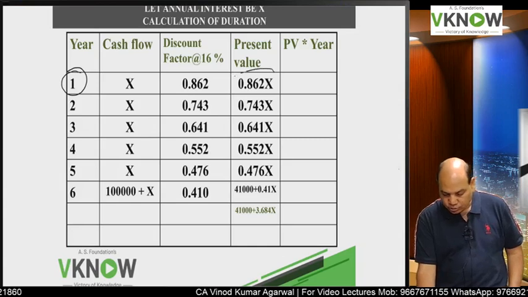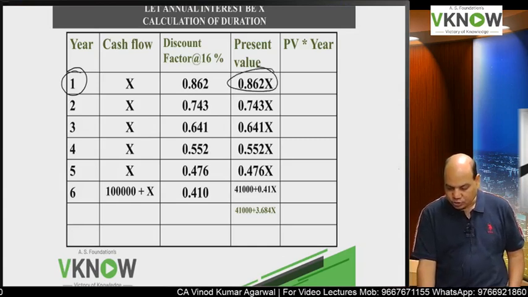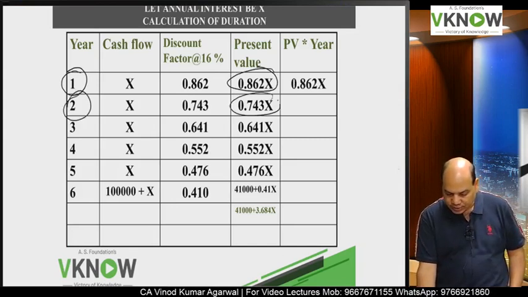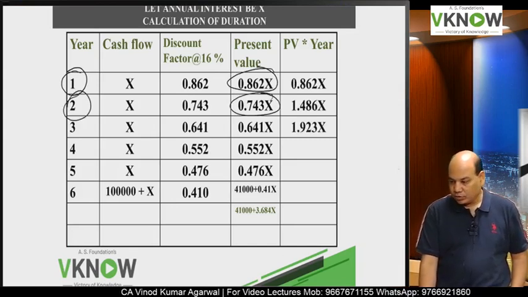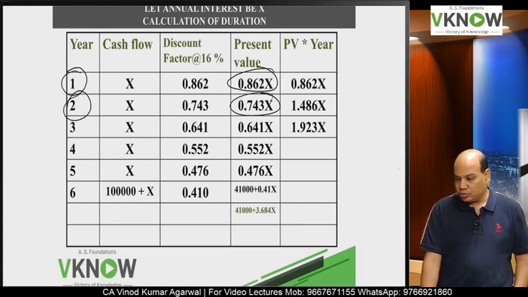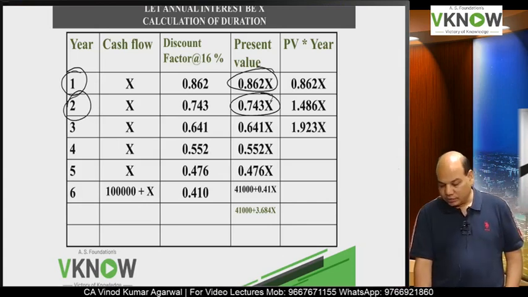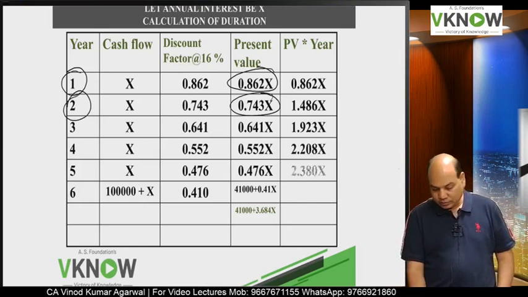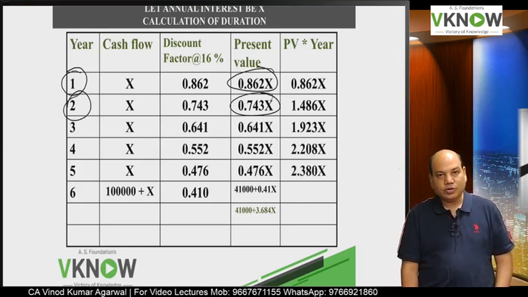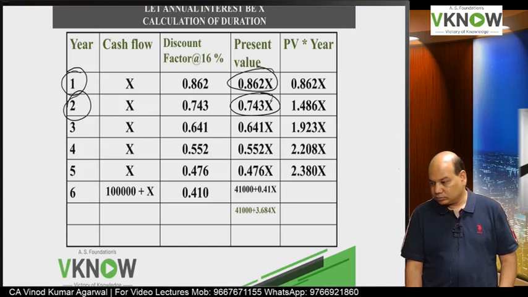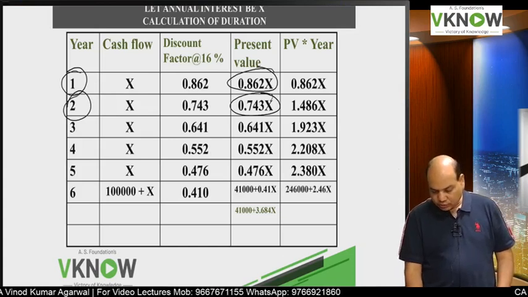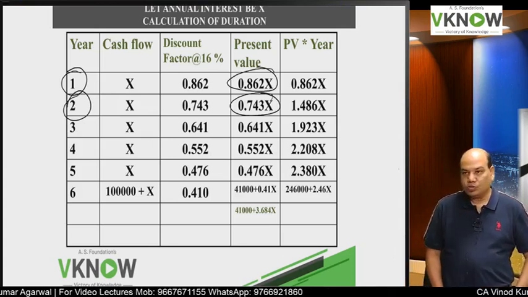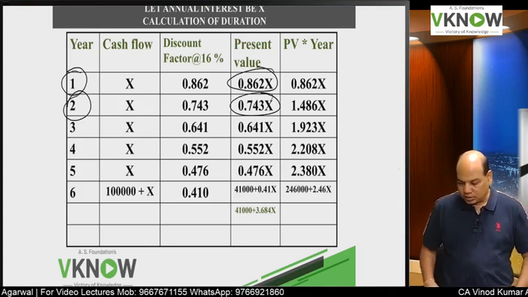Now you do the same thing in the last column. 1 into 0.862x, 2 into 0.743x, and 3 into 0.641x, 4 into 0.552x, 5 into 0.476x, and the last one will be 2,46,000 plus 2.46x.